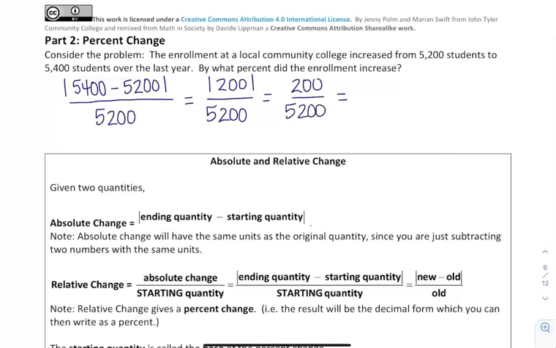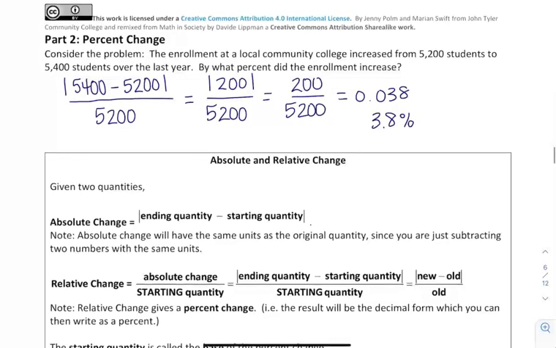Divide that, and we get 0.038. And as a percent, move that over 2 decimal places, and we get 3.8%.